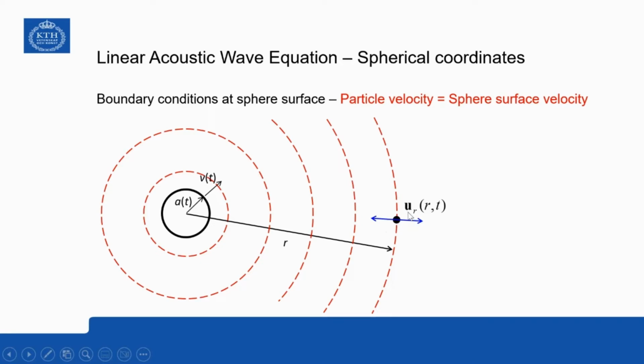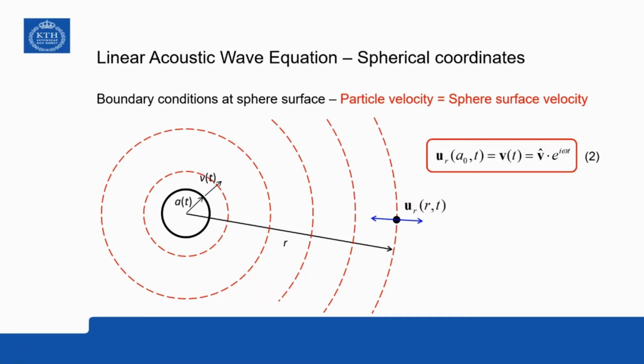And if we have an observation point very, very close to the sphere surface here, then it's obvious that from physical reasons, the particle velocity in the immediate neighborhood of the sphere surface must be equal to the sphere's surface velocity.